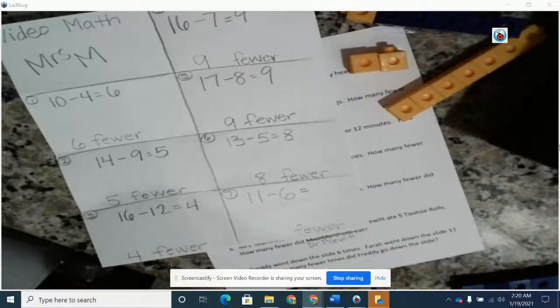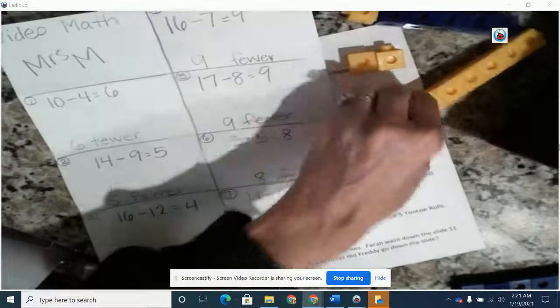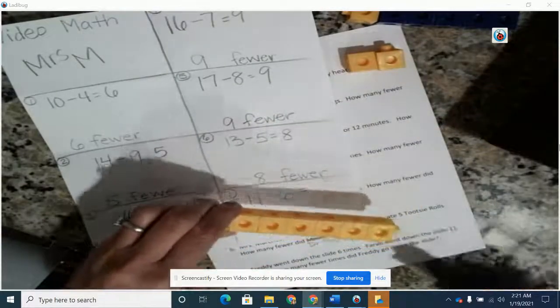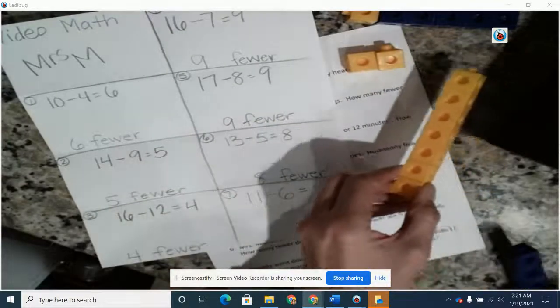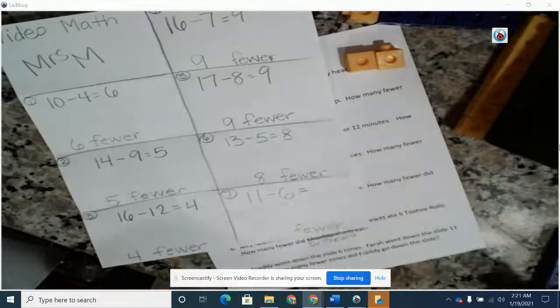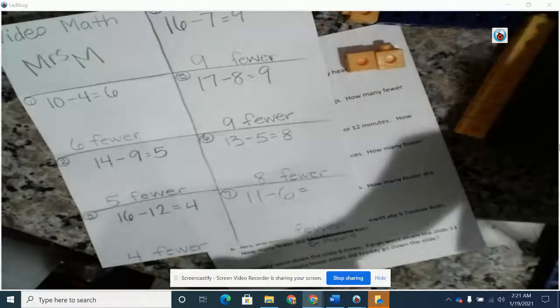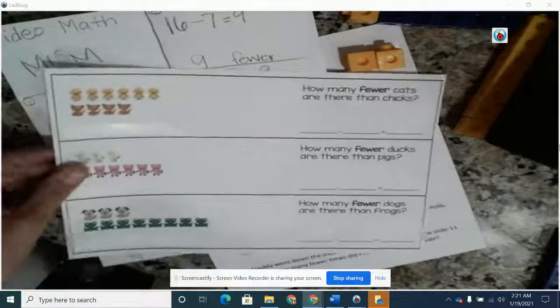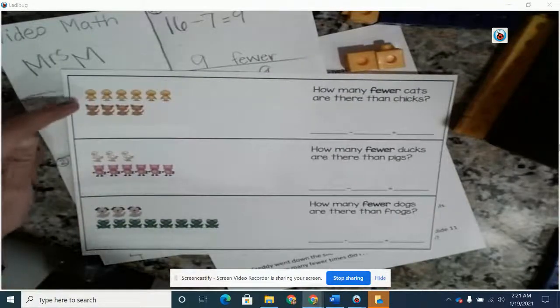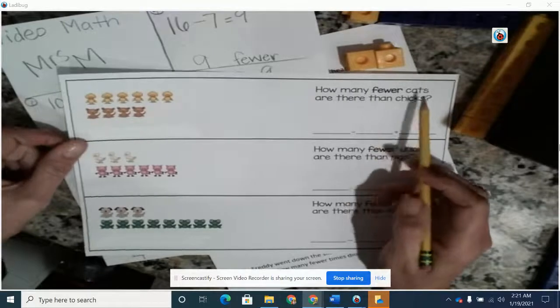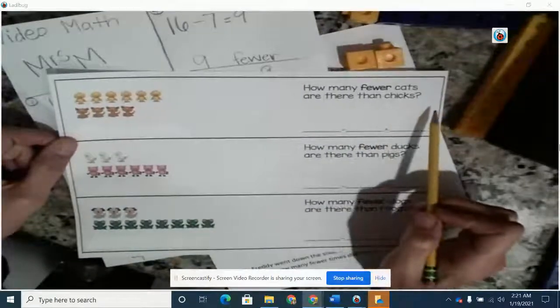fewer. Okay. So when you are trying to find out a difference between two numbers, we can do it the long way and make the two trains and put them next to each other to compare. But the main reason why I want to do that is so you can see that there's a difference. If I show you this one, look at this paper. I have my ducks and I have my cats. How many fewer cats are there than chicks?